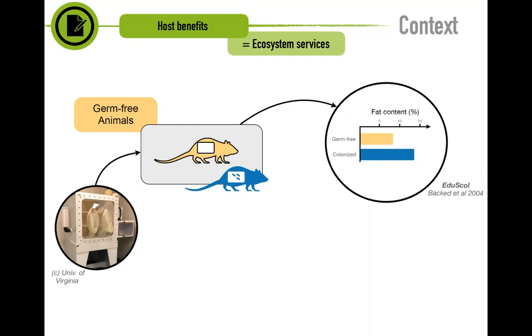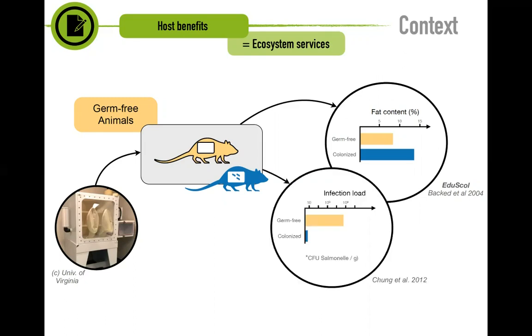But there is another one that is actually very interesting, and it's about resistance to infection. If you try to infect these two animals with a pathogen, the germ-free animal is way more susceptible to infection. And that's for two main reasons.